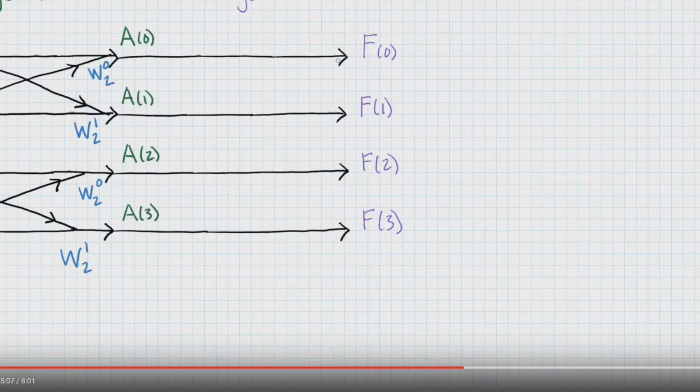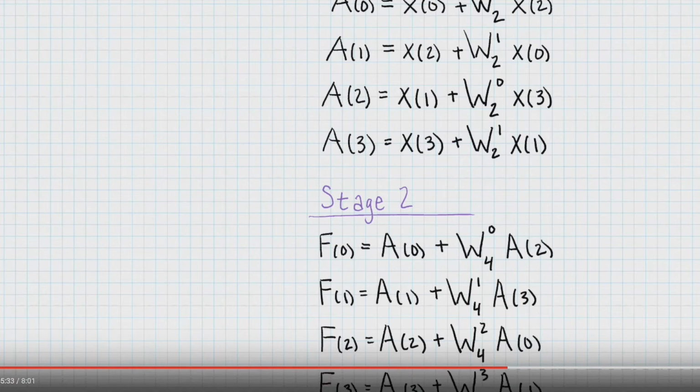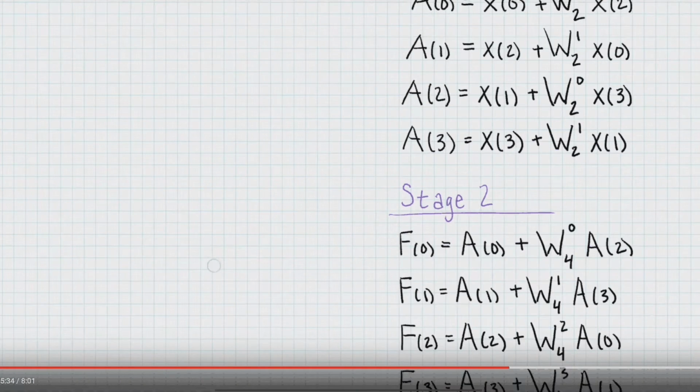From our equation, it was a straight line over from our A of 0, and then we're going to add our A of 2 multiplied by our twiddle factor W of 4, 0. And to solve for our f of 1, it's going to be, back over here at our equation, A1 plus twiddle factor W1 of 4 times A3.